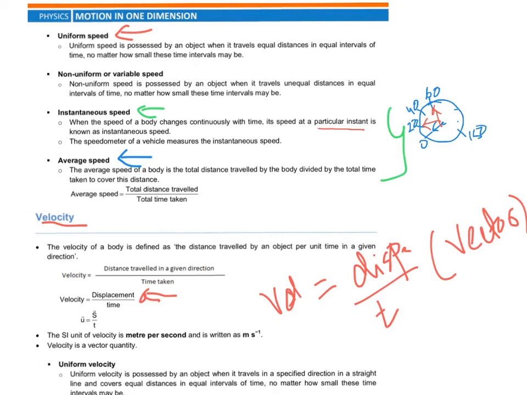This is instantaneous speed. What the car speedometer measures is the instantaneous speed, not the average speed, at that particular instant.